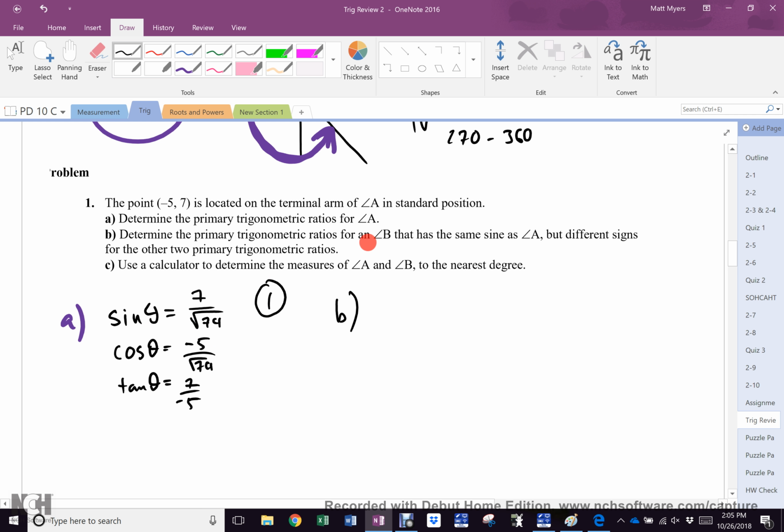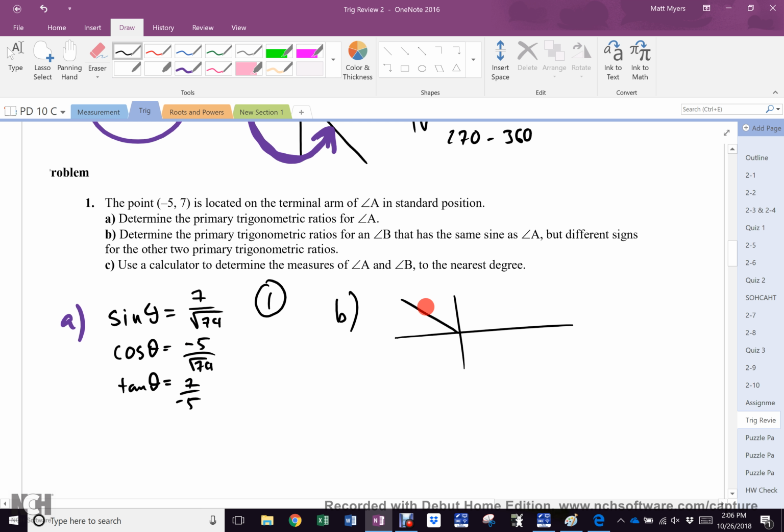B, I want the primary trig ratios for some other angle that has the same sign as A. Well, if angle A has this sign, then it's positive, right? So it has to be in which 2 quadrants? Top 2, 1 and 2, yes? But if cos is negative, then it's over here, isn't it?